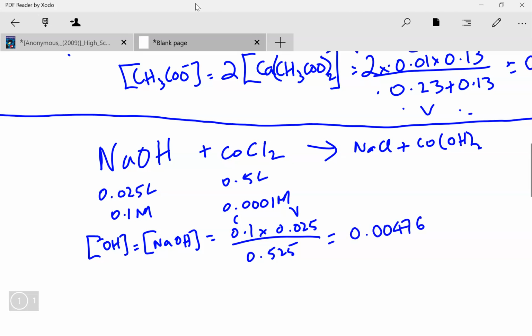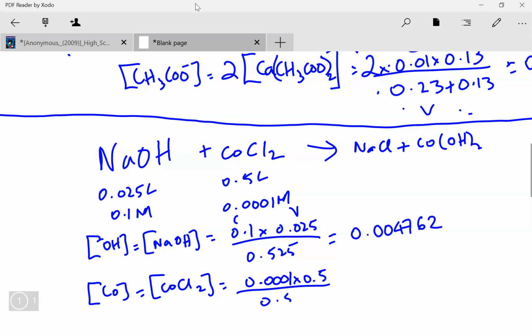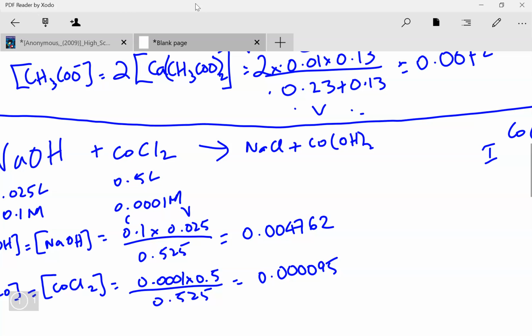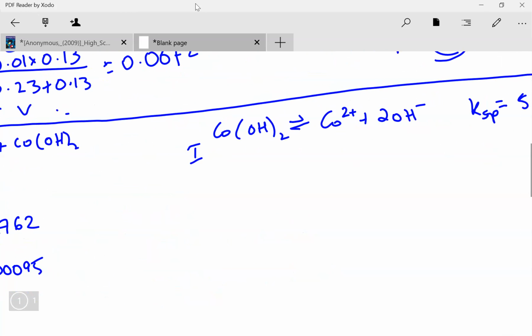Concentration of cobalt equals concentration of cobalt chloride, which is 0.0001 times 0.5 divided by 0.525, 0.000095. So we're going to put these concentrations in here.